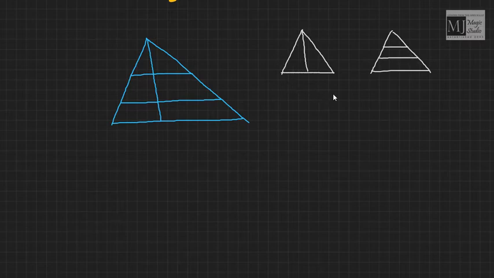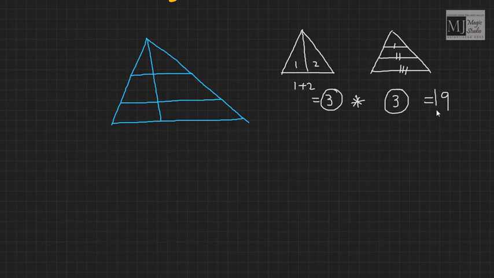Just count the number of triangles in this particular figure and we know how to count. This is 1 plus 2, that is 3. Now count the number of triangles in this particular figure and we know that we need to just count 1, 2, 3. And you know what is the answer? Answer is always we need to multiply these two counts. 3 into 3 is 9. We have got 9 triangles on this figure.